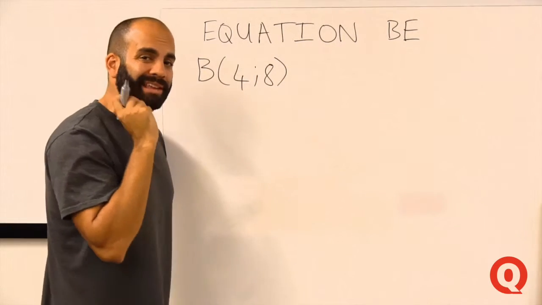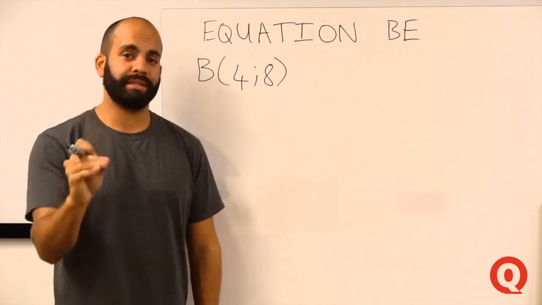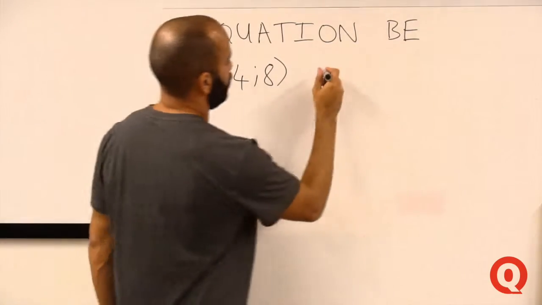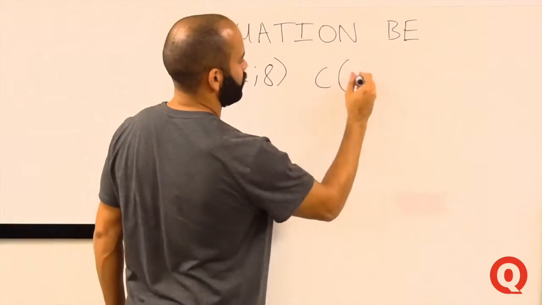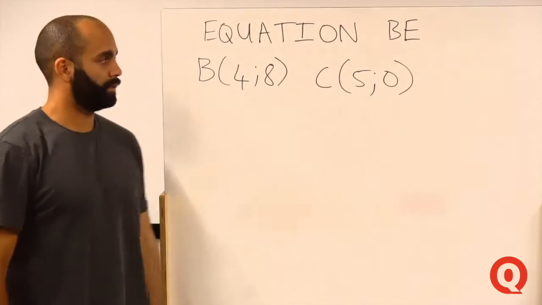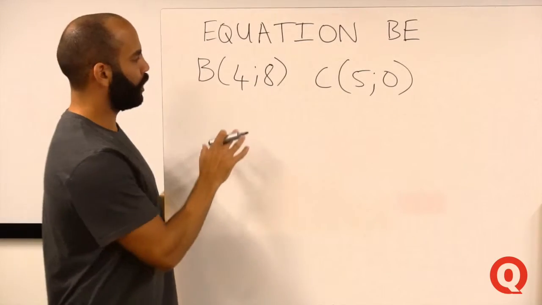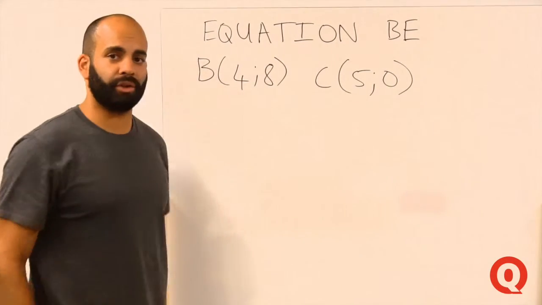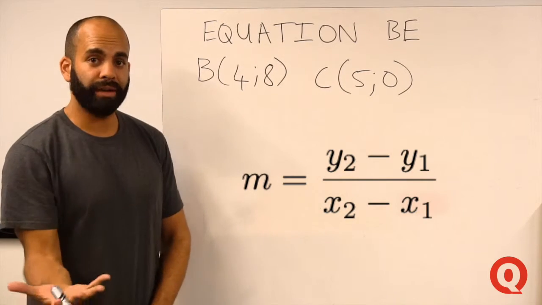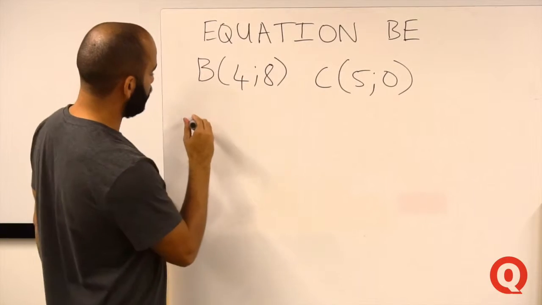The coordinates of E, you don't have yet, but they've also given you a point that sits on the same line for BE, which is C. The coordinate for C is 5 and 0. So you've got 2 points that sit on a straight line, so you can find the gradient. Once you find the gradient, you can substitute it back in to find the C value. What would the gradient be?